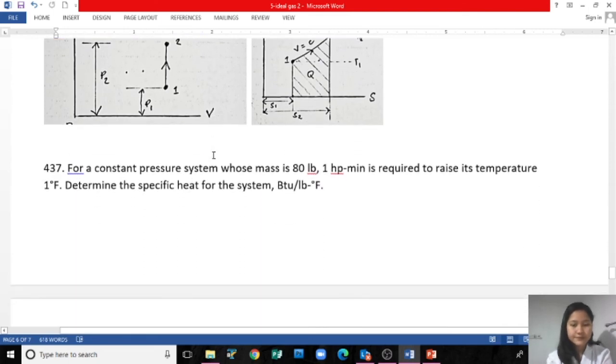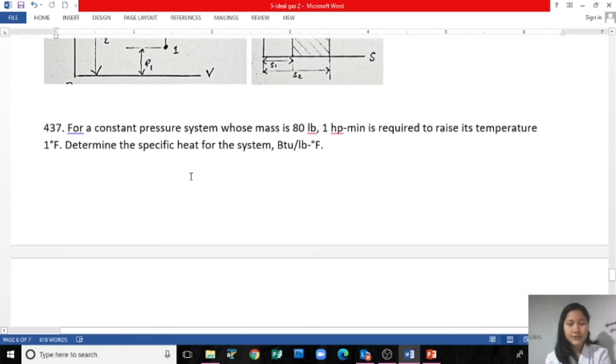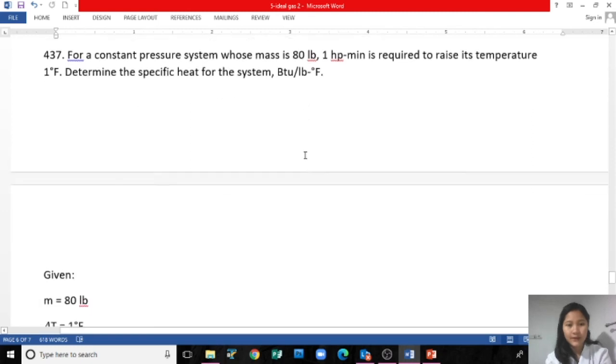Next, for a constant pressure system whose mass is 80 pounds, 1 HP per minute is required to raise its temperature by 1 degree Fahrenheit. Determine the specific heat for the system in BTU per pound degree Fahrenheit.